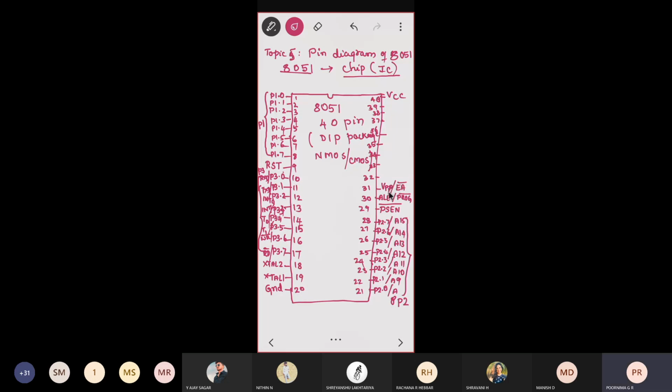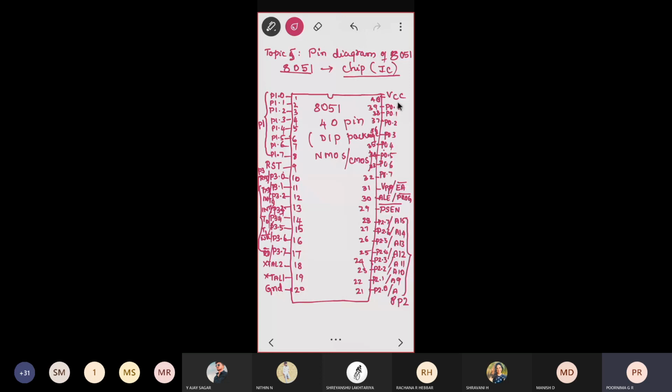How many pins are left out now? 32 to 39. 8 pins. All these 8 pins, let me represent here as port 0.0, port 0.1, port 0.2, port 0.3, port 0.4, port 0.5, port 0.6, port 0.7.